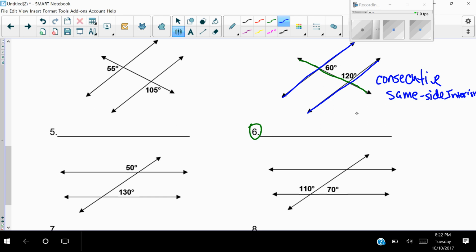They're supplementary. So 60 plus 120 have to equal 180. Does it equal 180? Yeah, it does. Good. So we're going to say they are parallel. Yes, they are parallel because same side interior angles are supplementary.